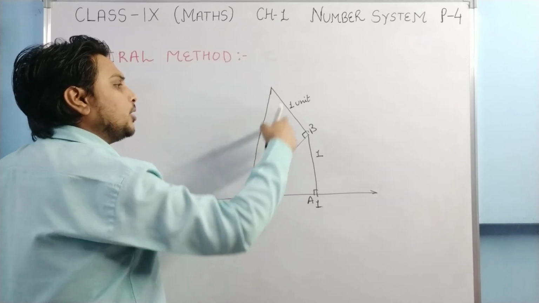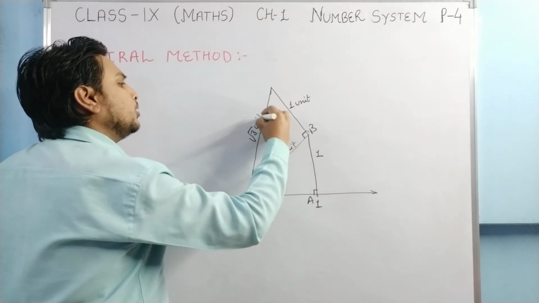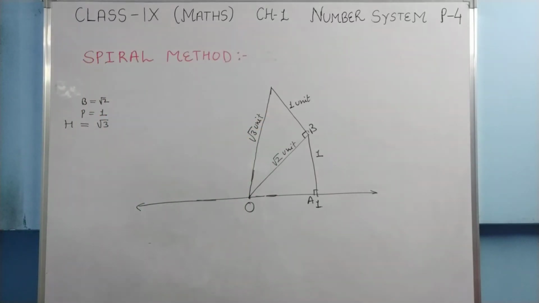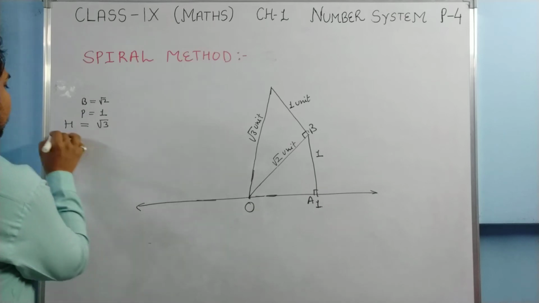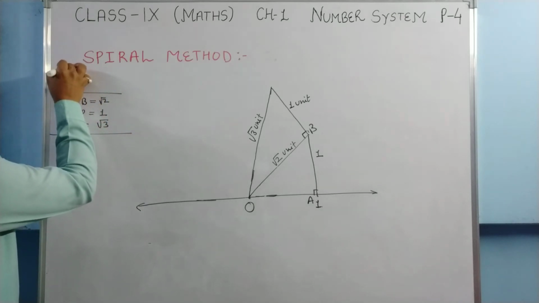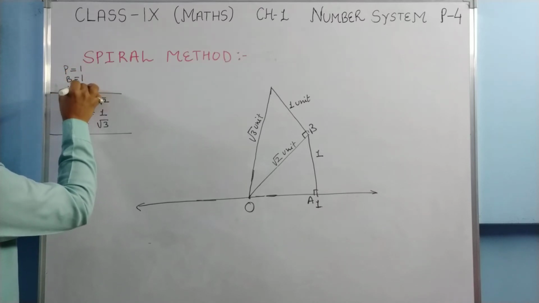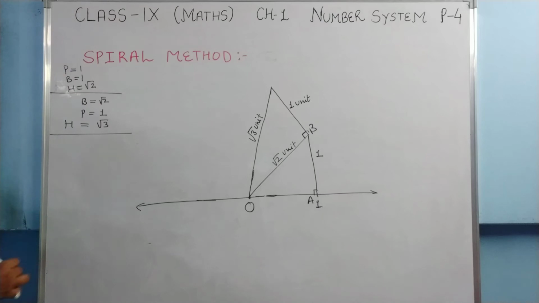So the hypotenuse will be under root 3 unit. Getting my point? At first we took perpendicular as 1 and base as 1, such that we got the hypotenuse as under root 2 unit.